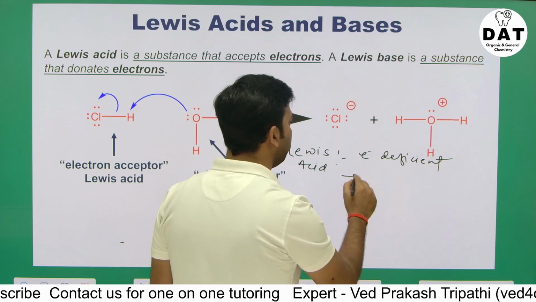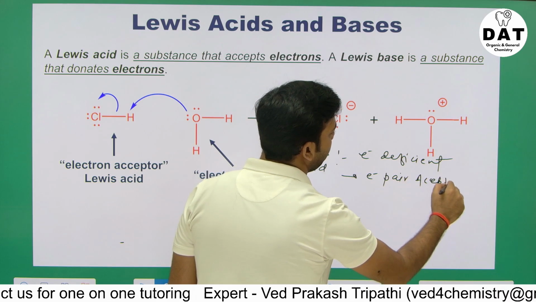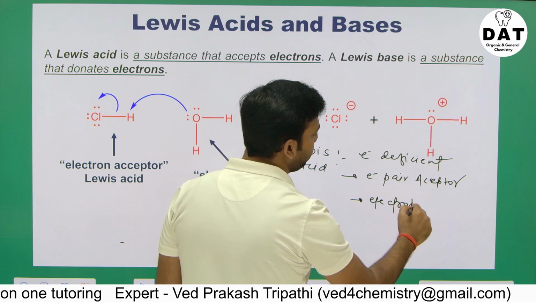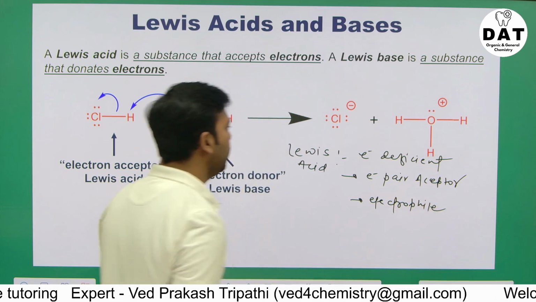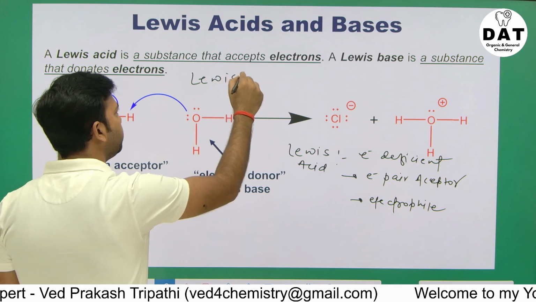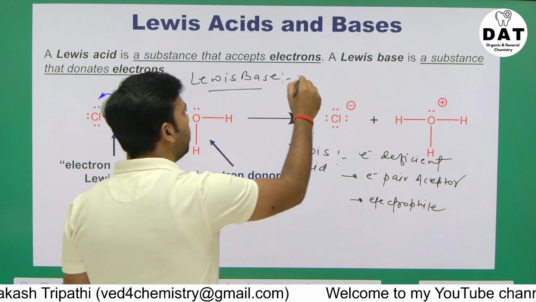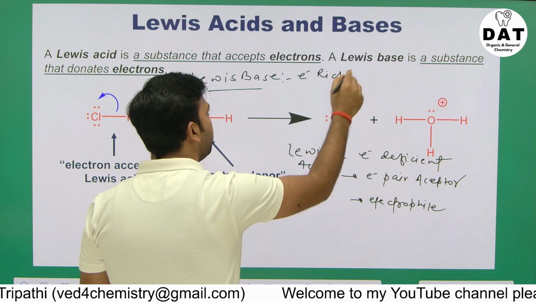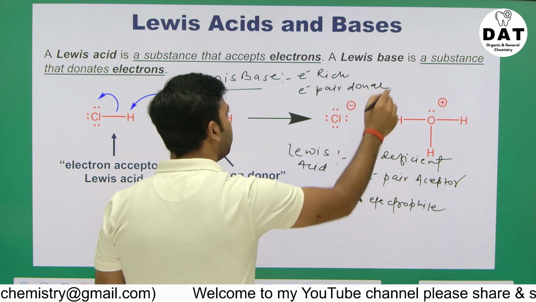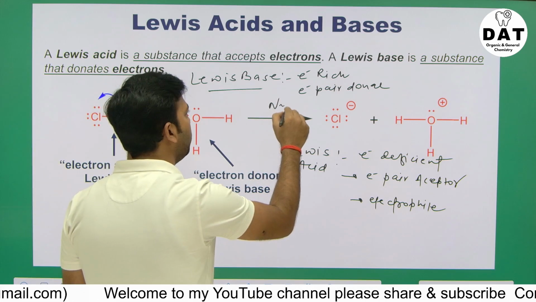So we can say this is an electron pair acceptor, also called an electrophile. Clear? While what is a Lewis base? This is electron rich, an electron pair donor. Clear? And a nucleophile as well.